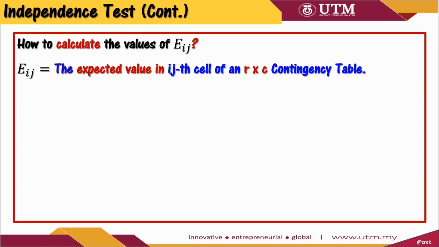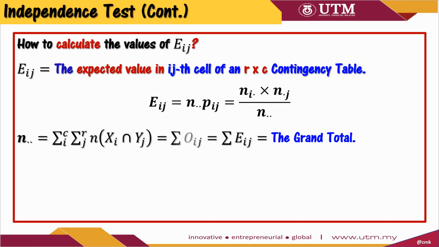So for a contingency table, the expected value of the ijth cell, denoted by Eij, is defined by the following expression, where n double dot is the total frequencies of all cell values, or a grand total, which should be the same as the total observed values. You should check later that the total expected values must also be the same as the grand total.